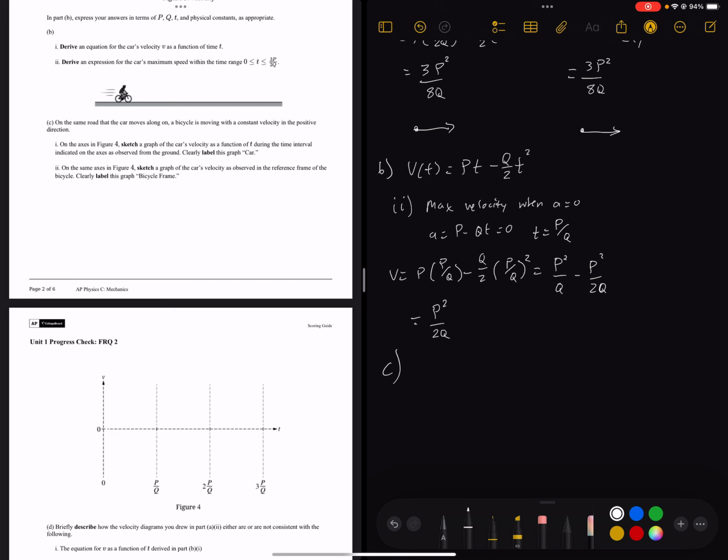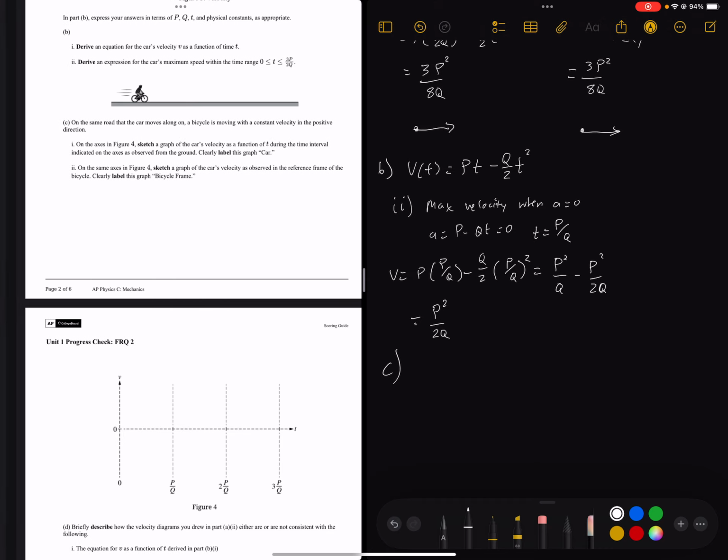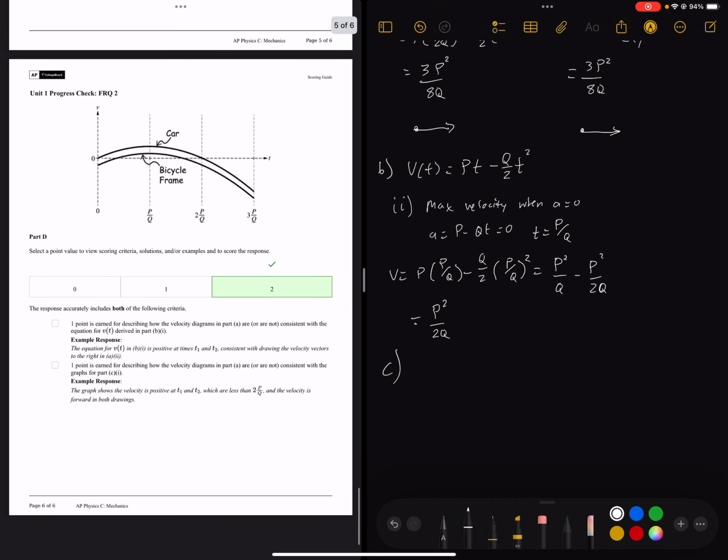So in other words, it's shifting the velocity down. If I draw the velocity of the car as observed by the cyclist, relative to the cyclist it's going to be shifted down, right? By how much? By the velocity of the cyclist.